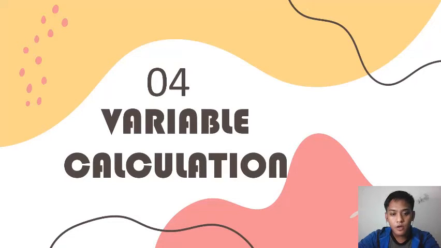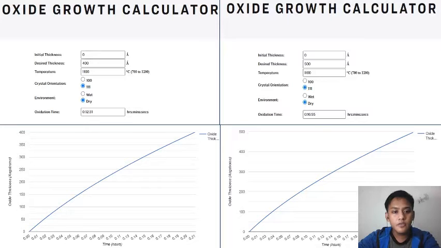So next is about variable calculation. This is the variable calculation involved in our animations. We will give a variable for the desired thickness, the value that we want. For example, in this slide, we use 400 and 500.